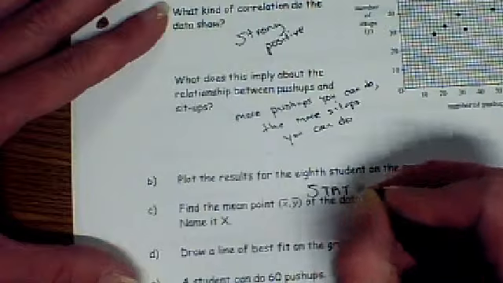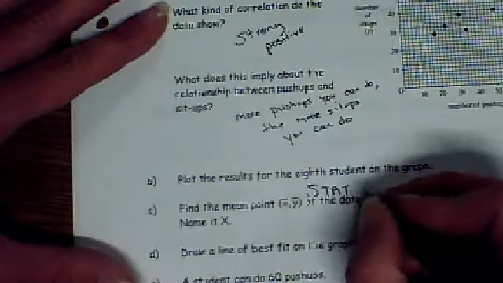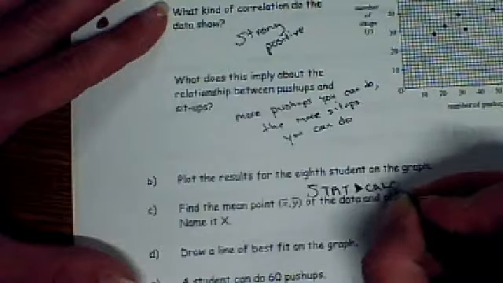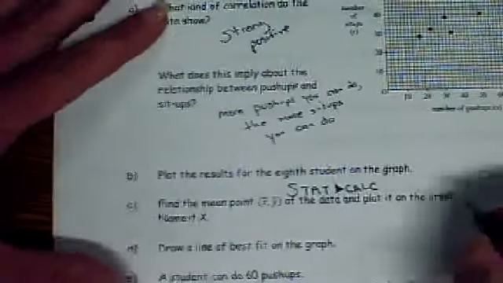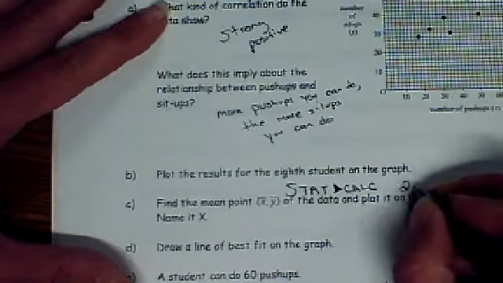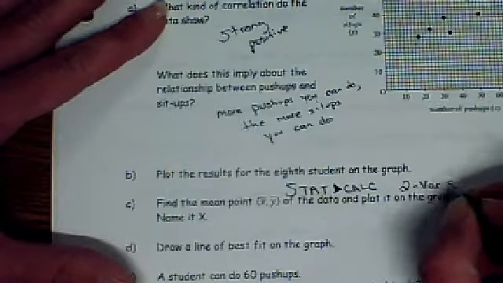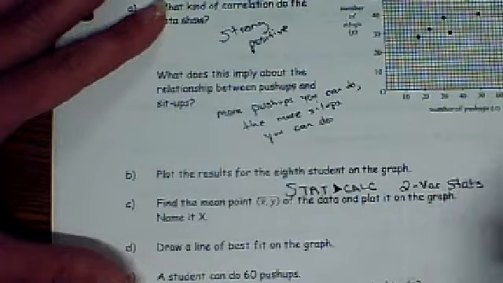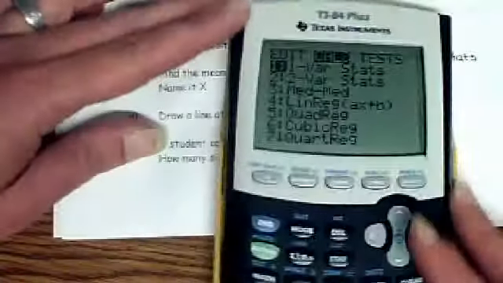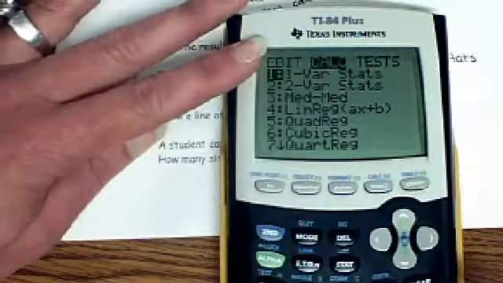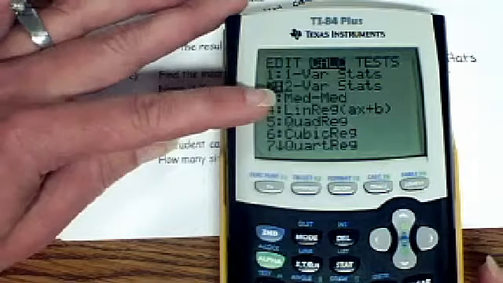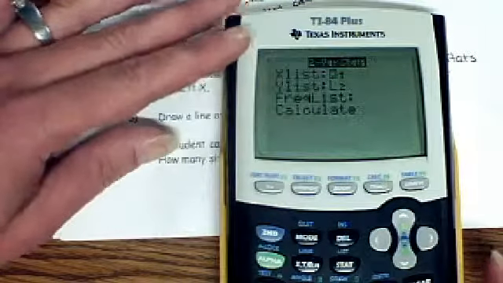So to find the mean, we're going to go to Stat, and then arrow over to the Calc menu. And since this is two variables, we're going to go to two variable stats. And let's talk about some of the things we see here. So when we arrow over to Calc, we can go down to two variable statistics and press Enter.